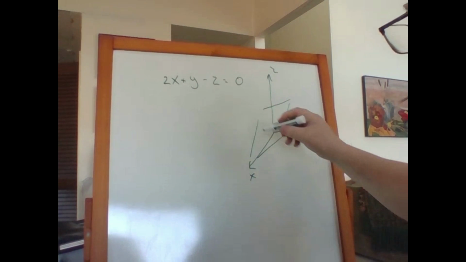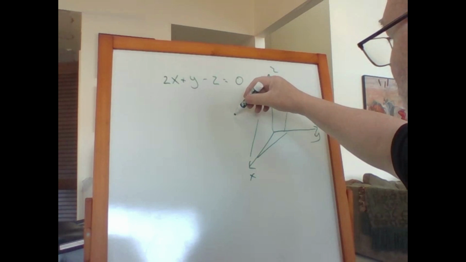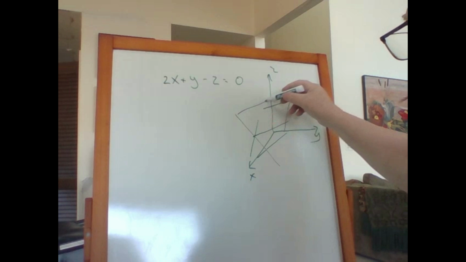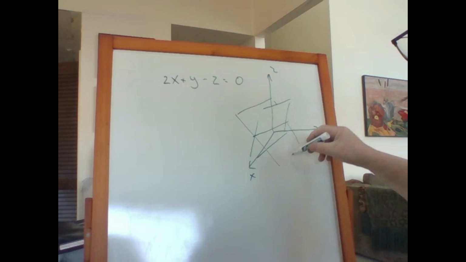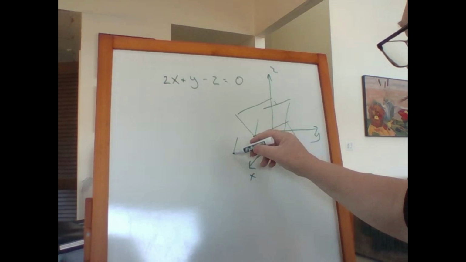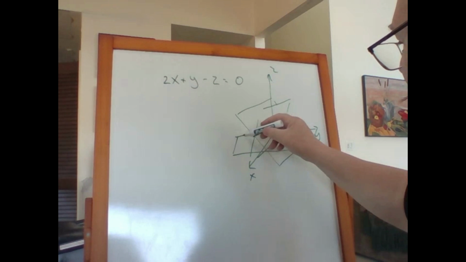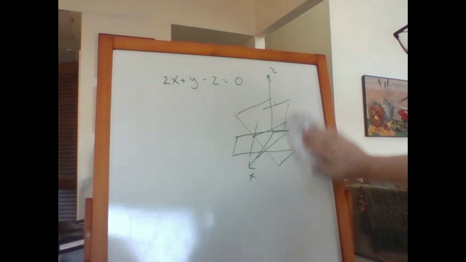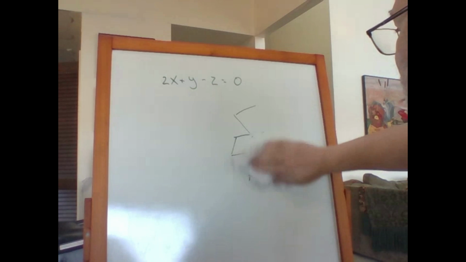And we can have different planes intersecting in three-dimensional space. And something like that, where three different planes intersect.